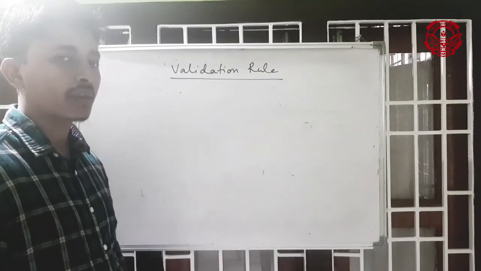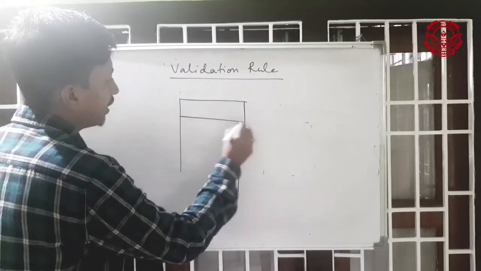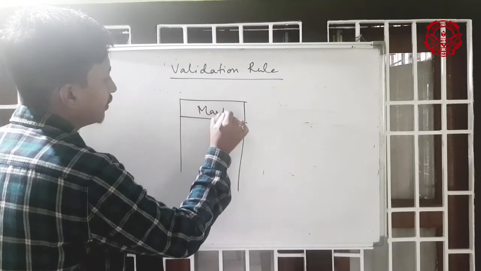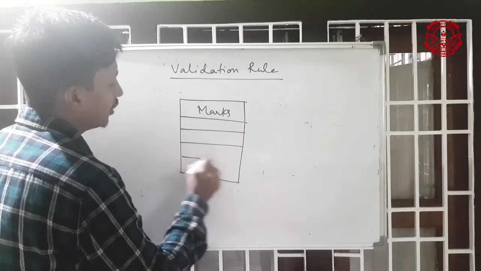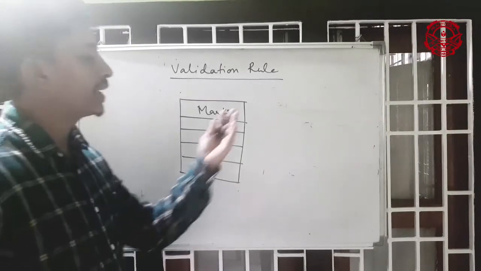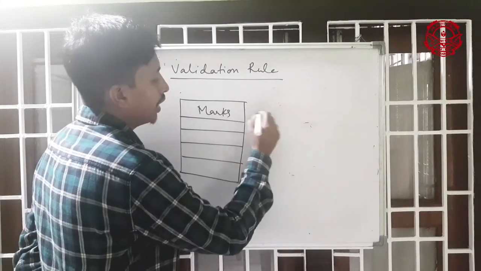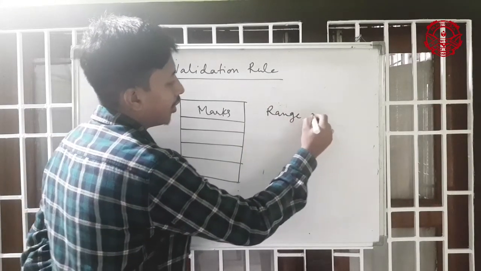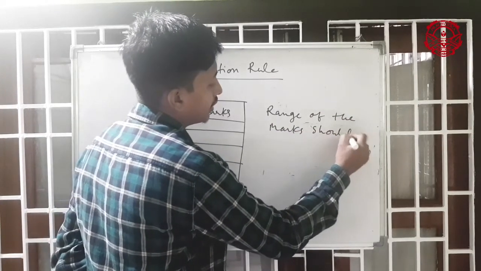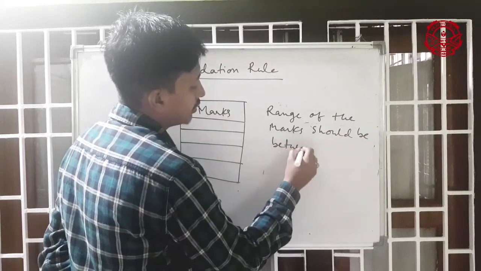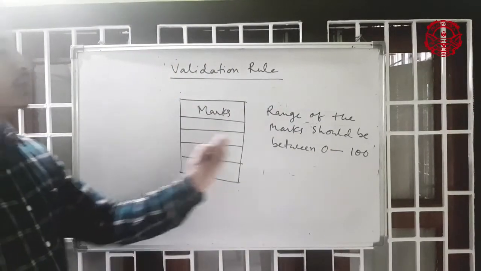For example, say this is the marks field. You want to create a validation rule, for example, the range of the marks should be between 0 to 100.